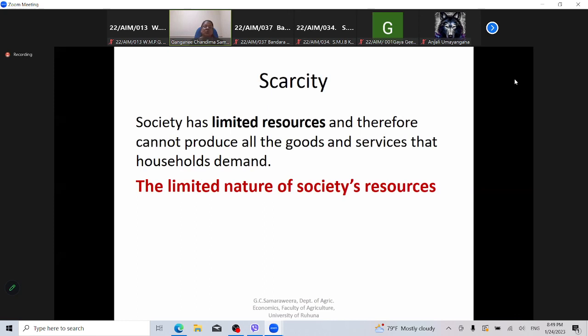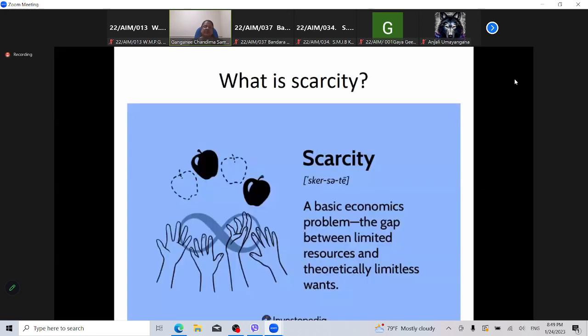that households requested. So scarcity, you can also see in brief, is the basic economic problem, that is the gap between limited resources and theoretically limitless or unlimited wants. Our wants are limitless.